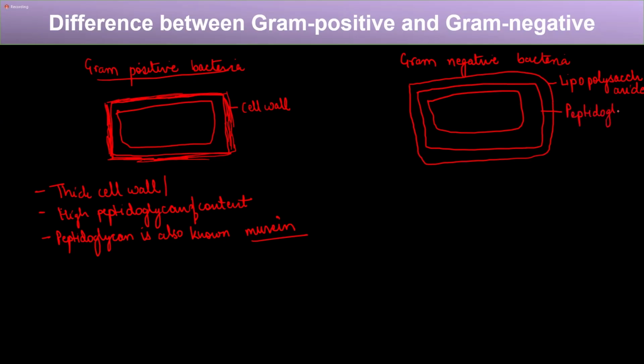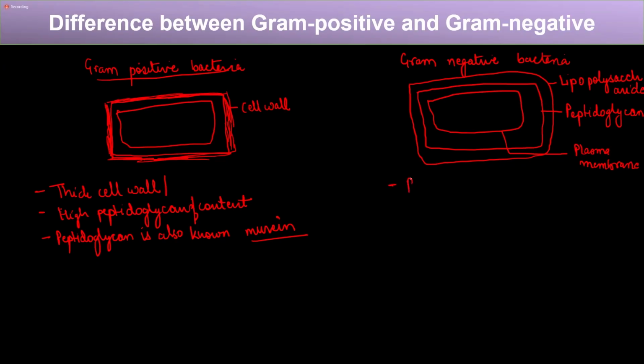So this is the peptidoglycan layer, and these together form the cell wall, okay? And the inside is the plasma membrane. In gram-negative bacteria, if you see, the peptidoglycan layer is thin, right?